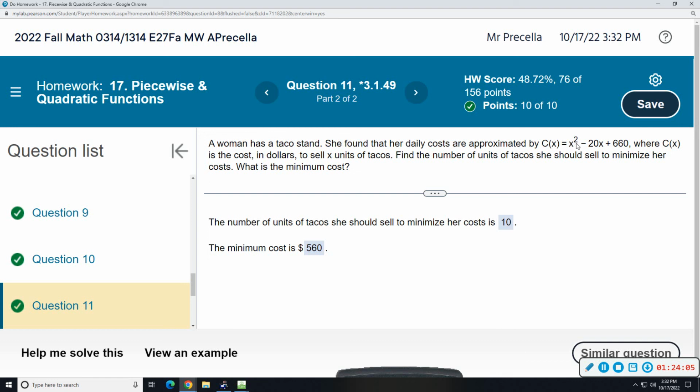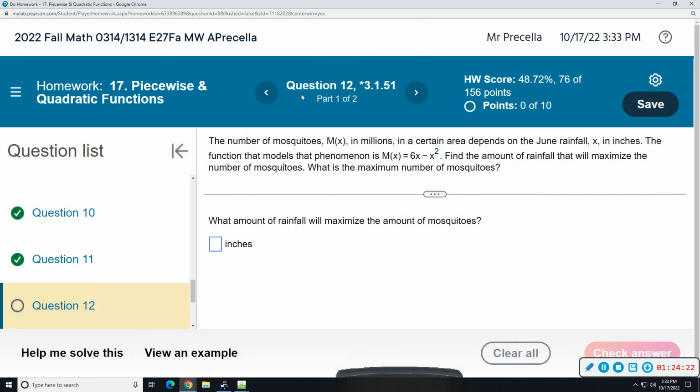If she doesn't buy supplies, it's still going to cost her $660. Well, rent. Someplace they're going to charge her more rent because she didn't get anyone to go into the business to buy the taco. Okay? So, y'all see what I mean? Do minus b over 2a, plug it in, you'll answer the word problems, even if you don't read through all the words.